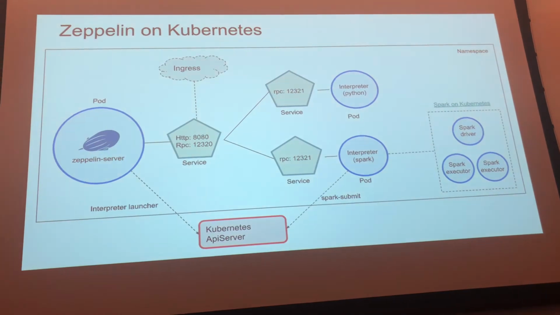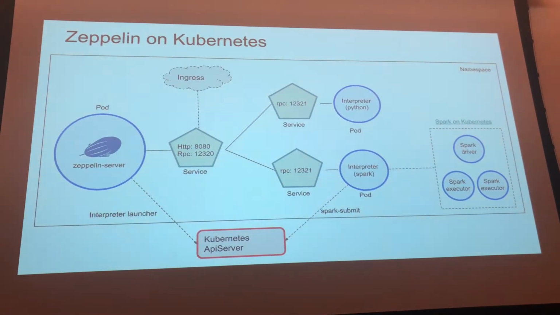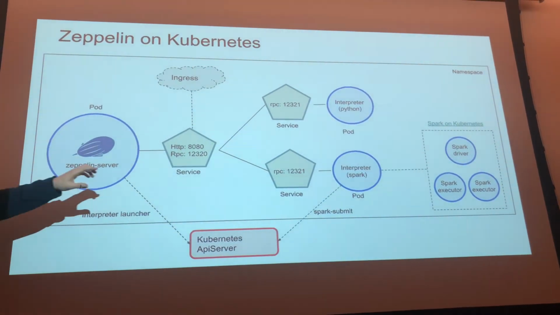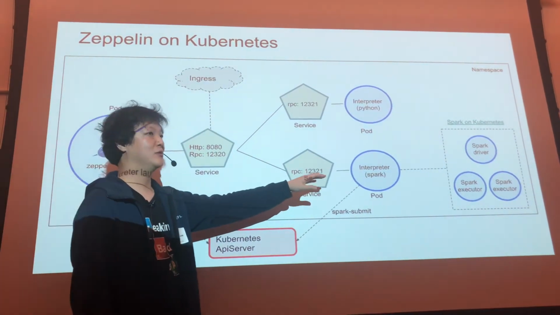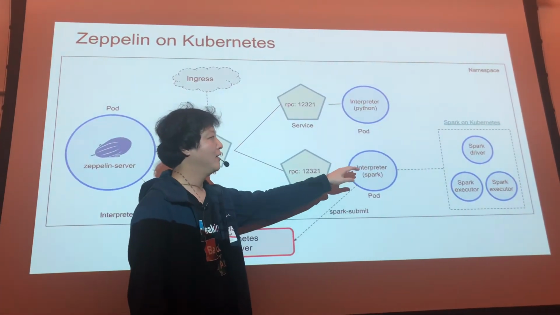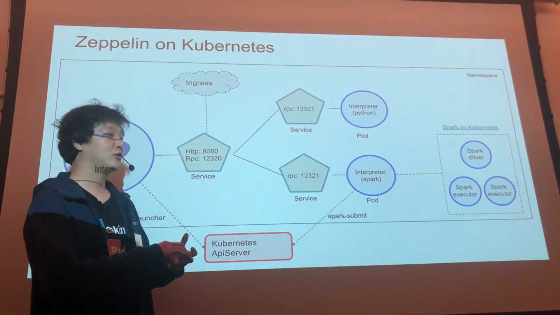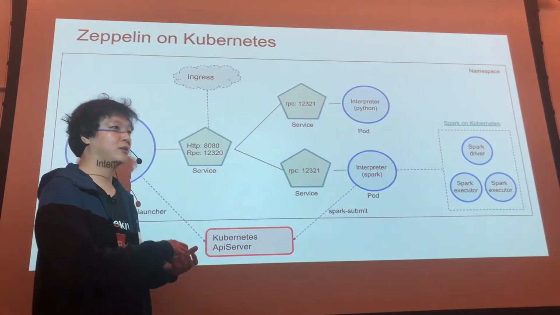So once Zeppelin runs the Spark interpreter in a Kubernetes pod, it's the same story. It can detect if it is running inside of a Kubernetes pod, and then configure its Spark submit command to create a Spark cluster inside of the Kubernetes cluster.